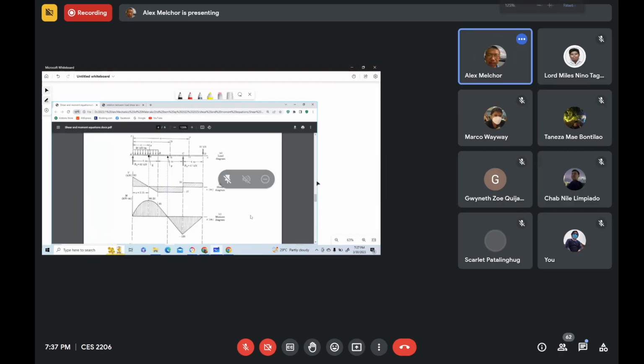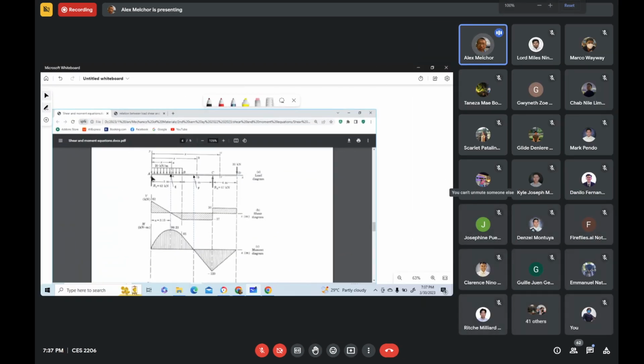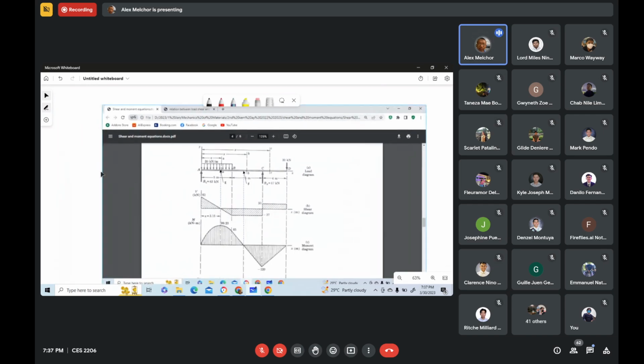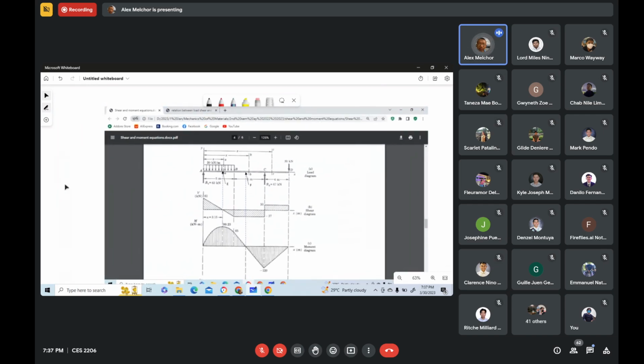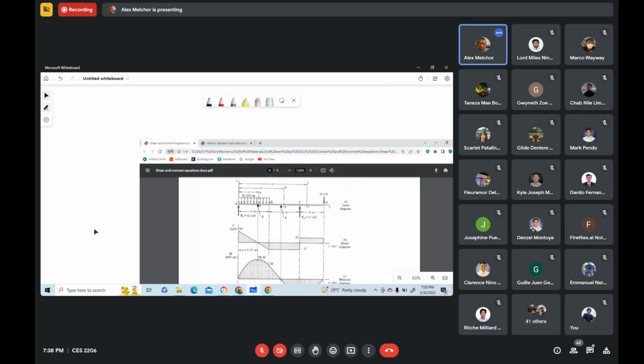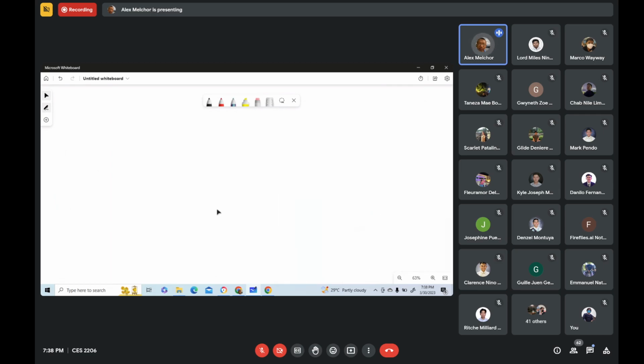So what is the moment at A? Now, the moment at A, we use the moment equation for segment AB because A is in segment AB. So where is that moment equation?